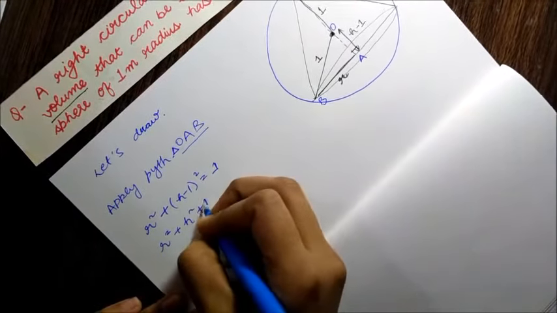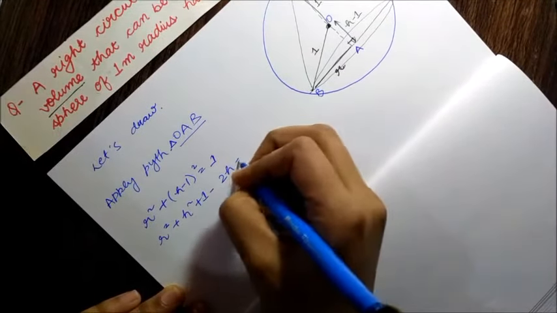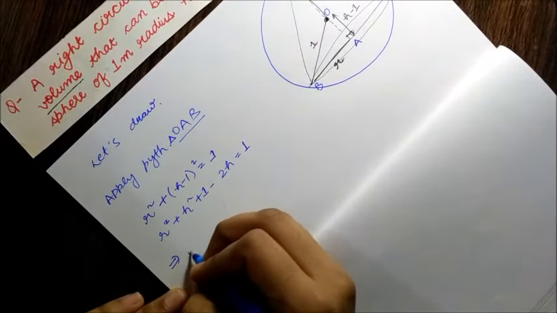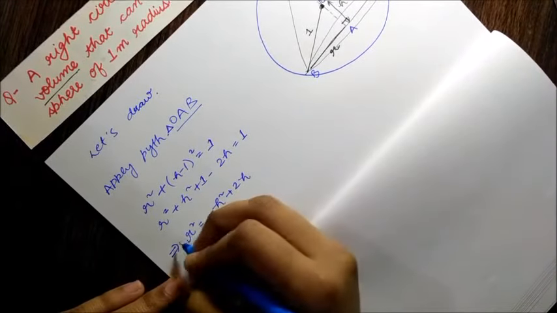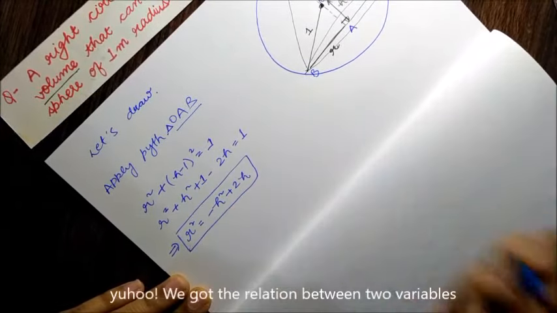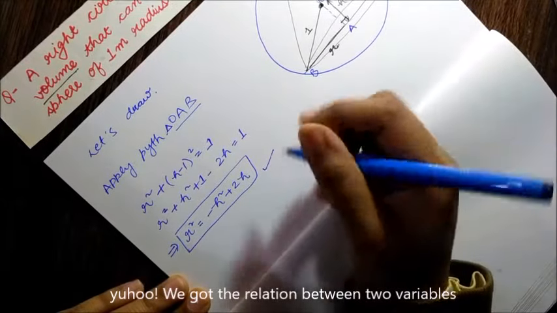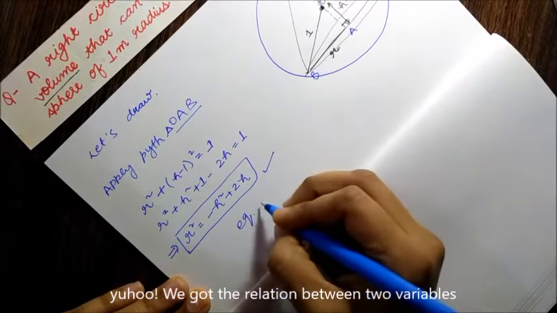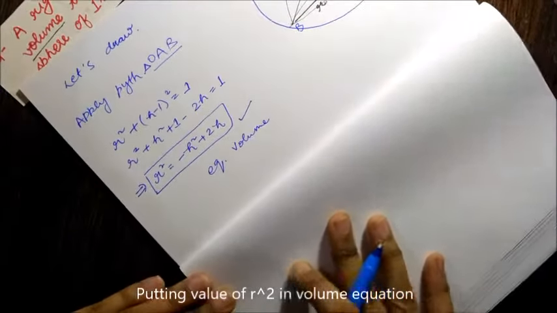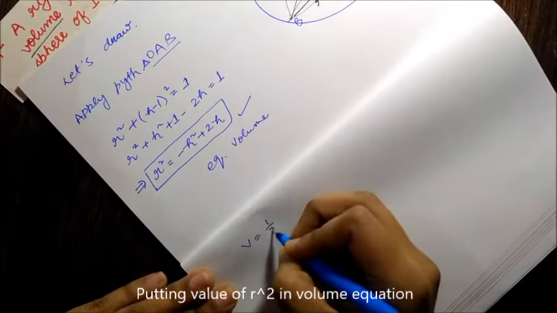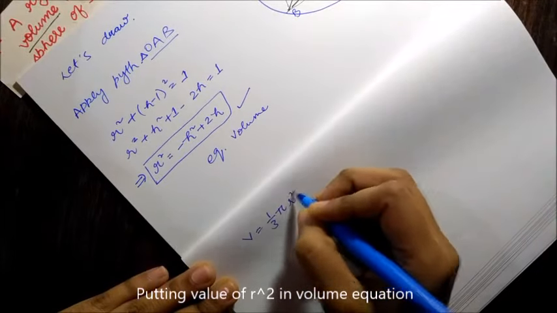So r square plus h square plus 1 minus 2h is equal to 1. We expand this and we'll find the value of r in terms of h. We got the relation between the two variables now. So now we'll put this value of r square in the equation of volume so that we can find volume in terms of h.